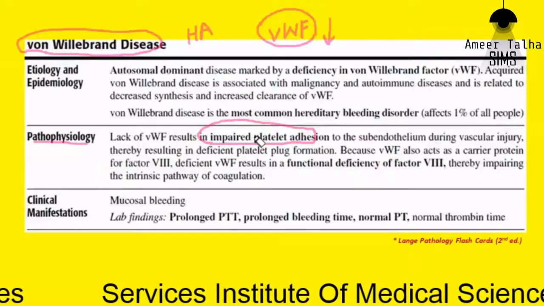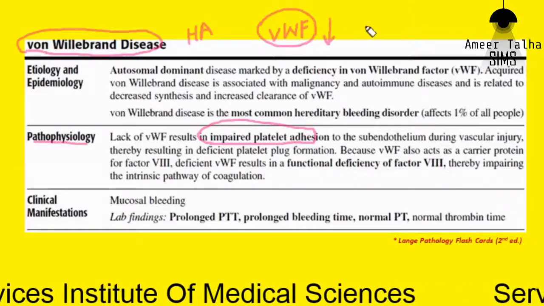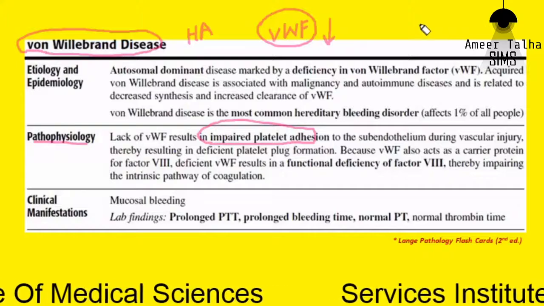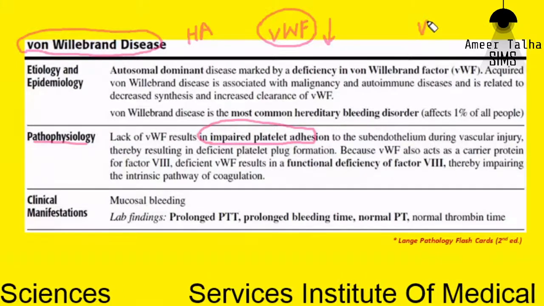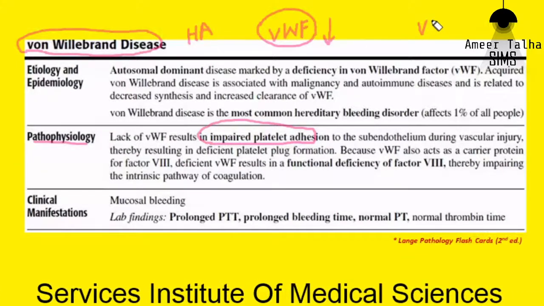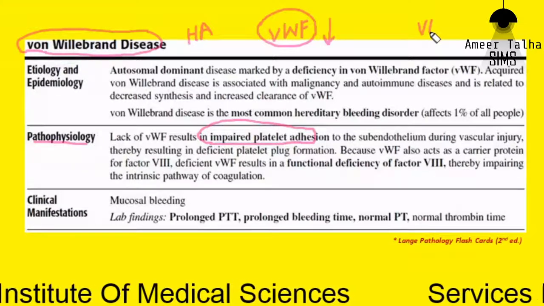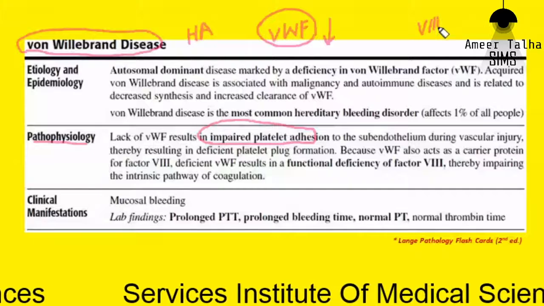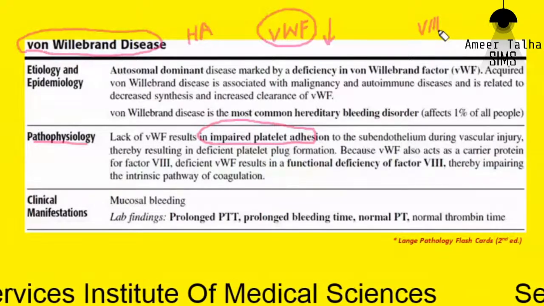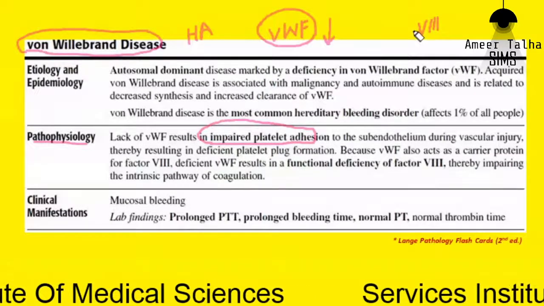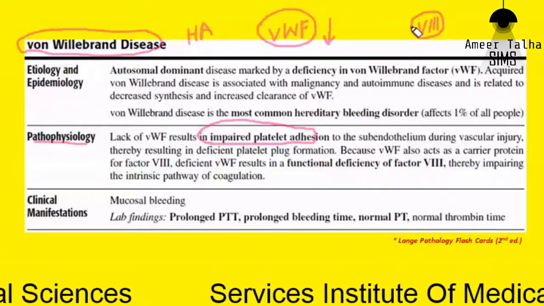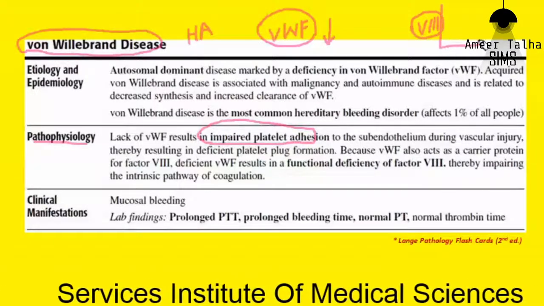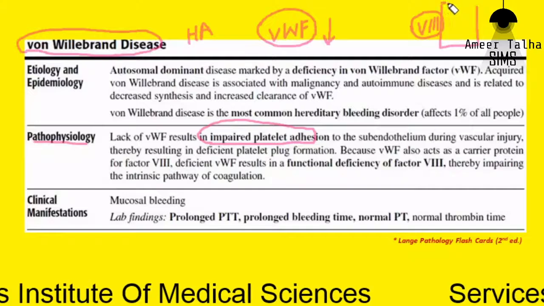Another thing about VWF, this VWF is related with the same factor 8, and it forms a complex with the clotting factor 8. So there are two components of factor 8. One is a smaller component, and the other large component is the VWF component.